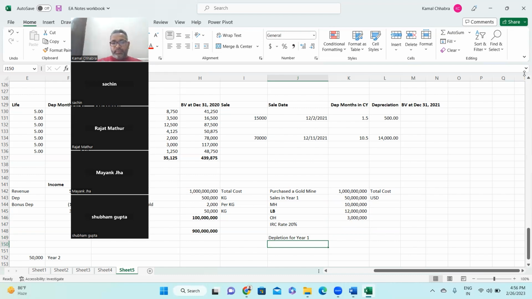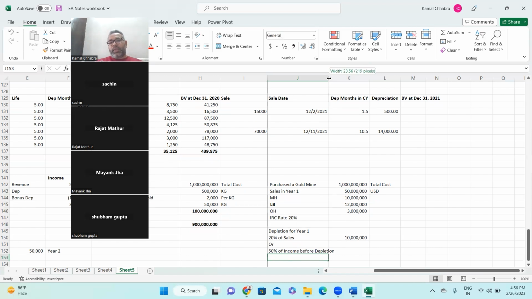First, you calculate 20% of sales. How much is the sale? $50 million. 20% of that is $10 million. The other thing is, what is your income? 50% of income before depletion.